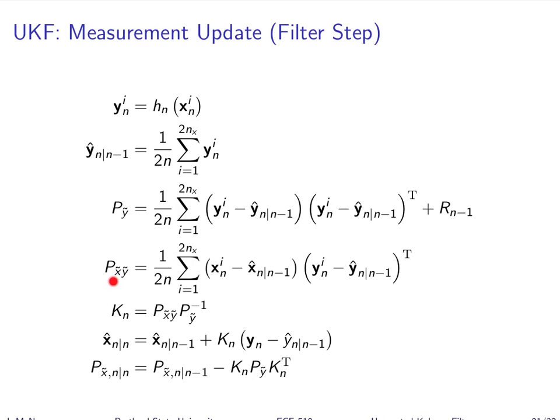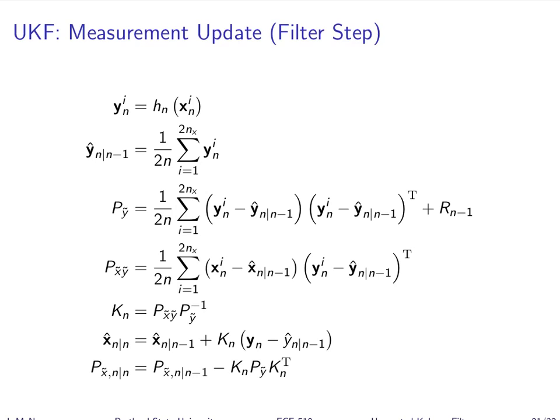So this is P of X tilde, Y tilde. And then the Kalman gain is that covariance times the inverse of the measurement covariance matrix. And then we update our predicted state estimate in the usual way with the Kalman gain by multiplying it by the innovation, the difference between what the measurement actually was and our best estimate of it.